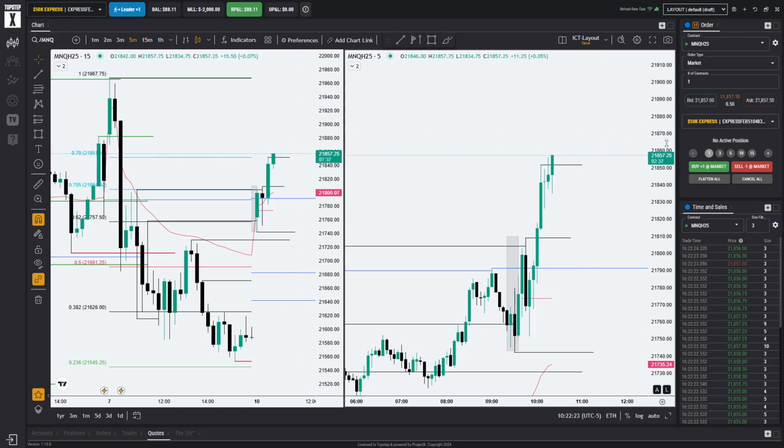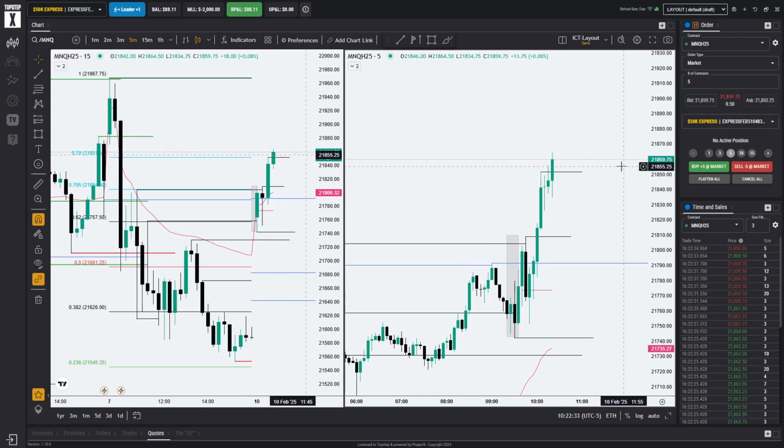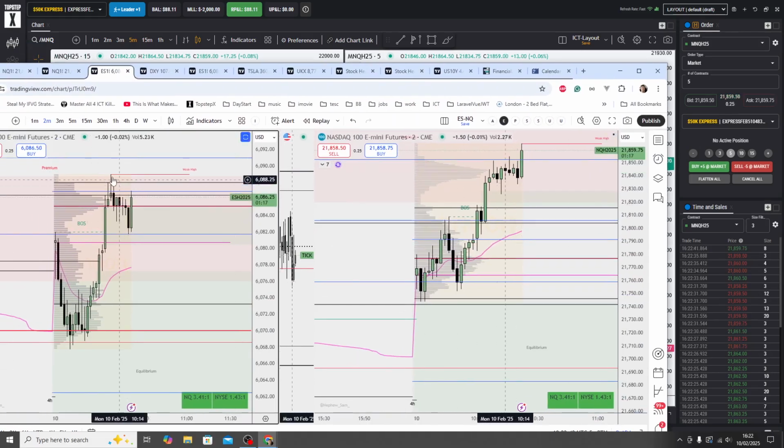There you go. Now we can continue. So now, like, my new high. ES is behind. ES has not done that. 2-minute chart here.